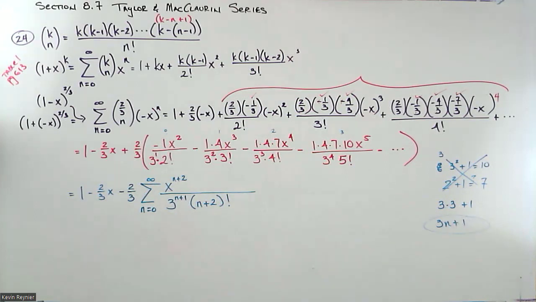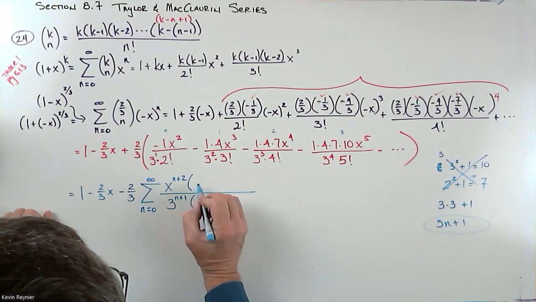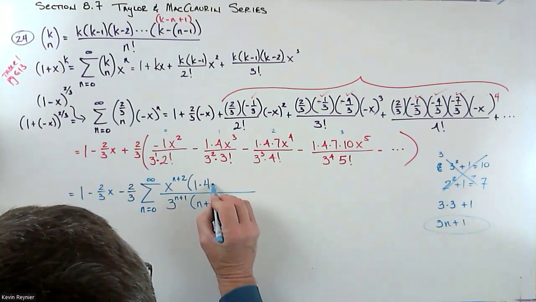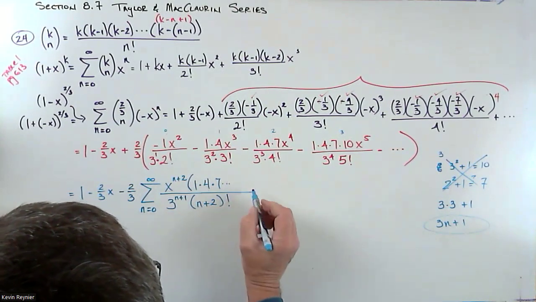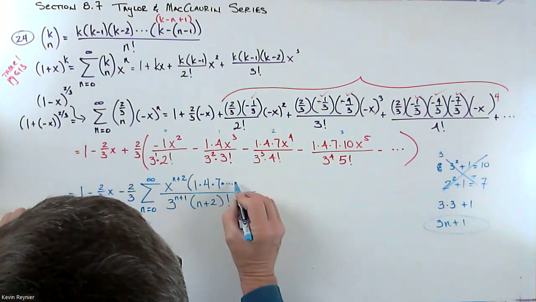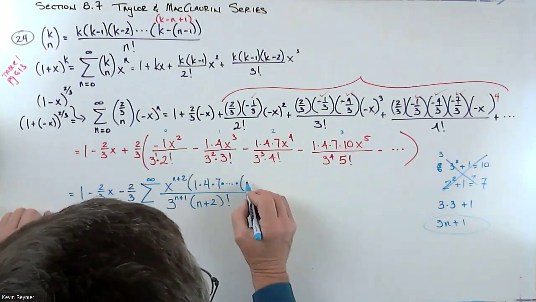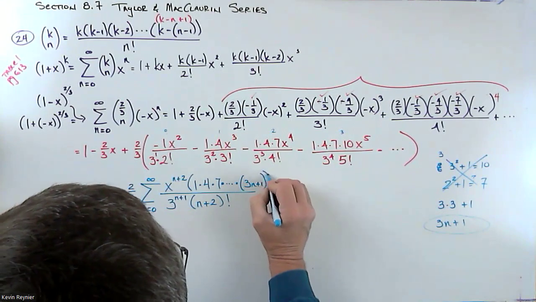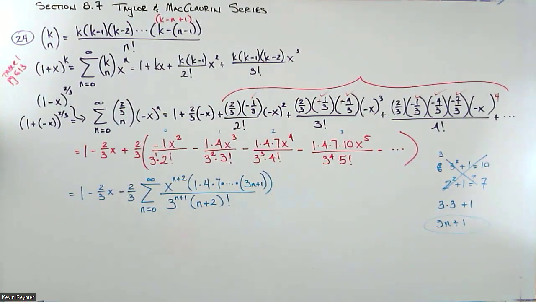So this is what we have here. How do we write that? Well, we write it like that. We're going to say 1 times 4 times 7, and then you're going to stop at 3n plus 1. Now, did you hear what I said? You're going to stop at 3n plus 1.